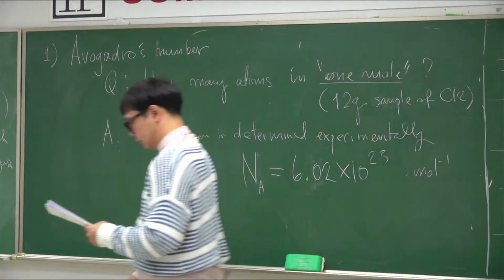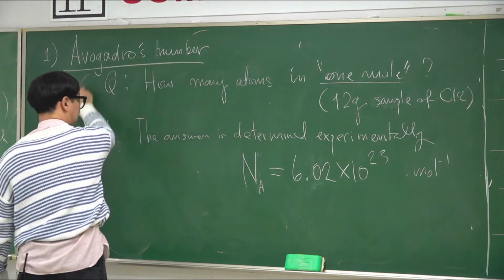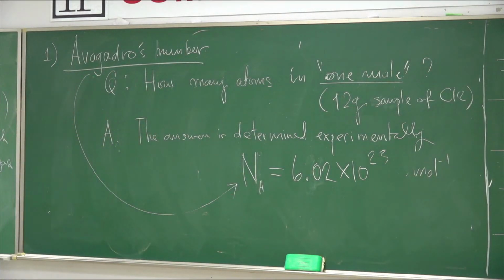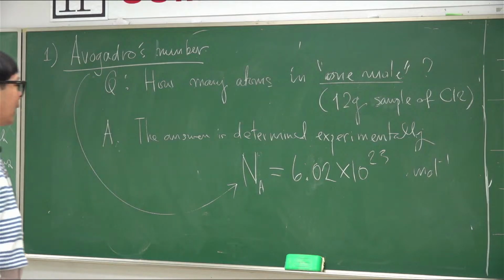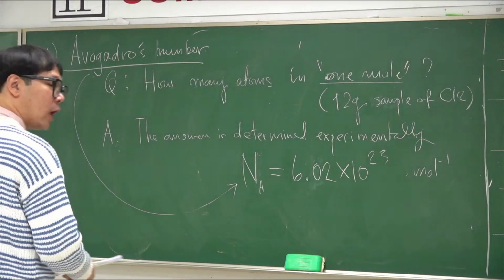Okay, you should actually call it Avogadro's number. So it's nothing but the number of atoms in 1 mole. Okay, which is quite a lot.